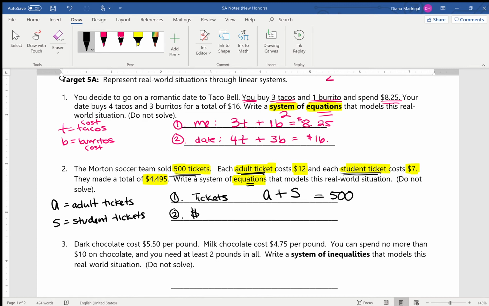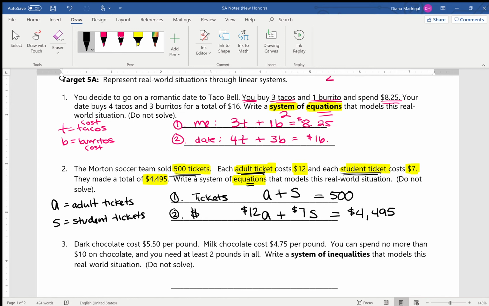Your second equation is talking about the money. Well, again, I'm going to use the same equation I wrote for the first one, but now we're going to talk about money. I'm still going to have A plus S equals. Again, A means adult tickets, and you don't know how many tickets you're going to have. All you know is that it's going to cost $12. So it's 12A plus, as students, $7, so plus 7S equals, well, you made a total of $4,495.